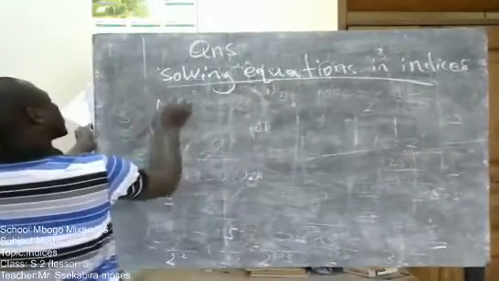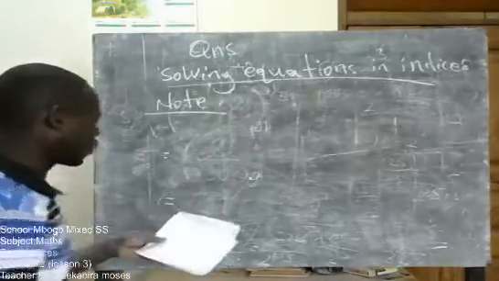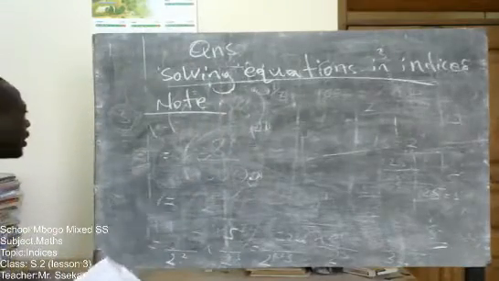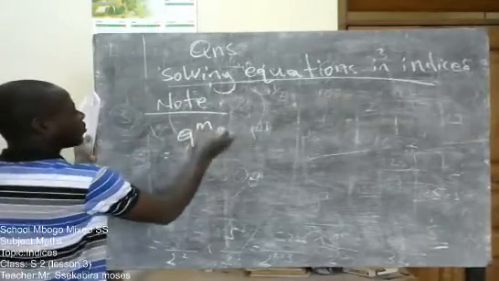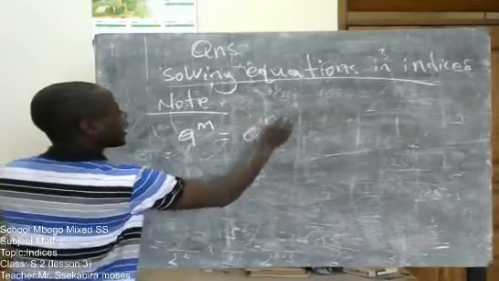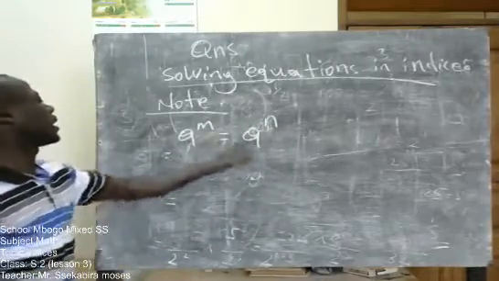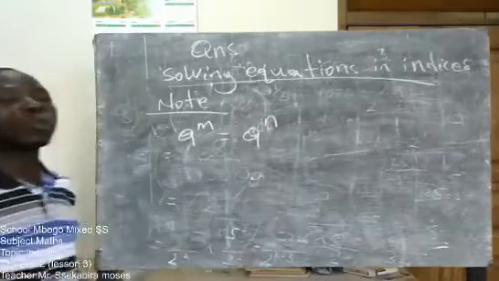Here, note which is very important. The concept we use is if we have a to power m is equal to a to power n, if the bases are equal, the powers are also equal.